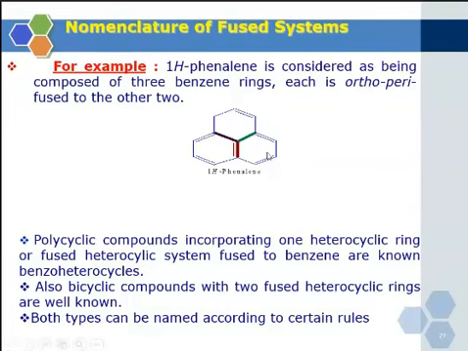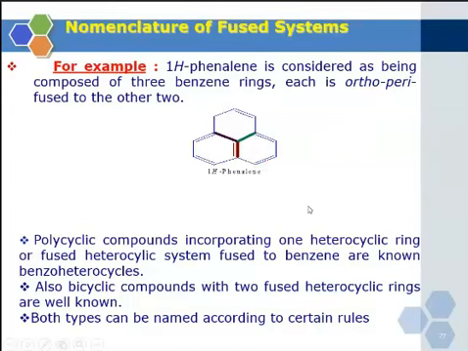That means this one is attached to these 2 ortho-fused rings. This is attached to these 2. And this is attached to these 2. These 2 have got ortho-fusion in relation to each other. However, when this ring is ortho-fused to both, we will call it an ortho-peri-fused ring.